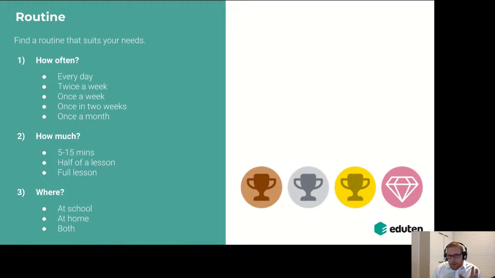And the place is also important, so you can decide if you want to do these things purely at school, which gives you the benefit that you can monitor what the students are doing when you are in school. You can help them out if they have problems. You can guarantee that there are devices or network and things like that. But I also feel that it's important that the students can work on these topics at home as well.